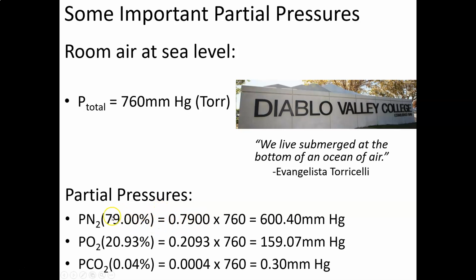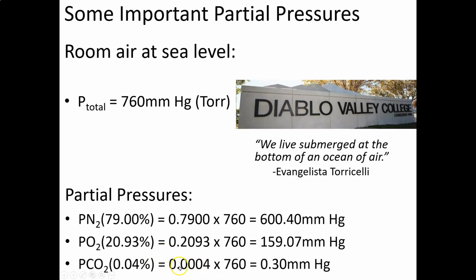So we take the percentage of the gas, 0.79, times the total pressure, 760, and we get this partial pressure. So the partial pressure of nitrogen is about 600 millimeters of mercury. The partial pressure of oxygen, 20.93% times 760, is about 159, pretty close to 160. And the partial pressure of CO2, which is 0.04 percent.